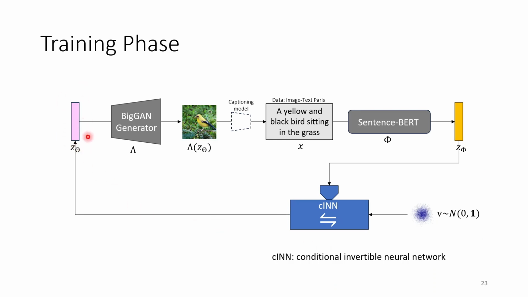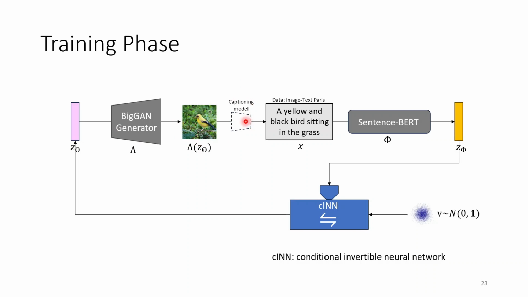They randomly generate some noise signal, and use the noise signal and the BigGAN generator, so it can generate an image. And given the image, they use an existing caption model. What is it? It doesn't matter.